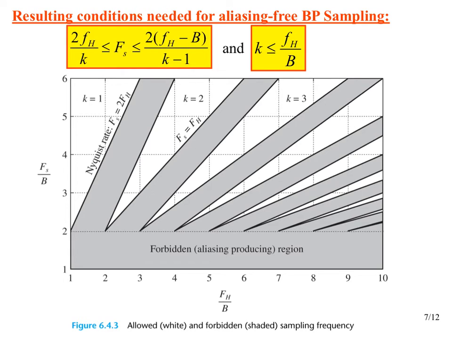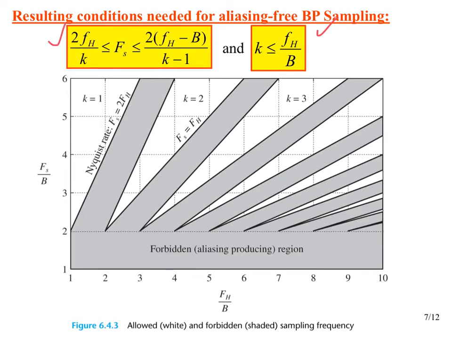So if we look at these two conditions that we just developed, so we have this one, left bound, right bound for Fs, and we look at also a bound on k, we get this description here that shows us what are the allowable Fs operating points as a function of Fh.